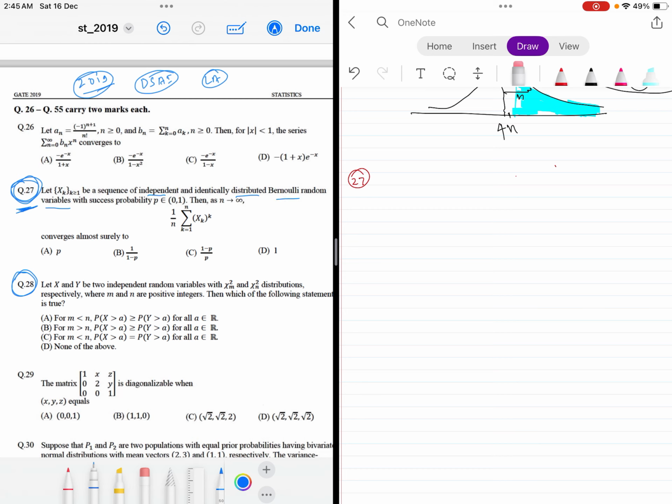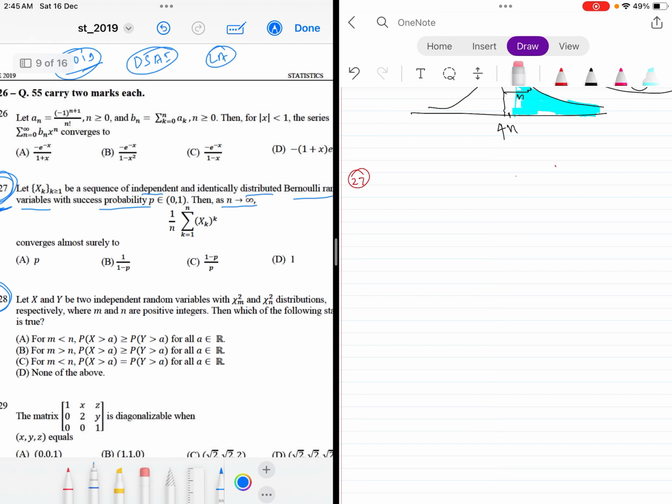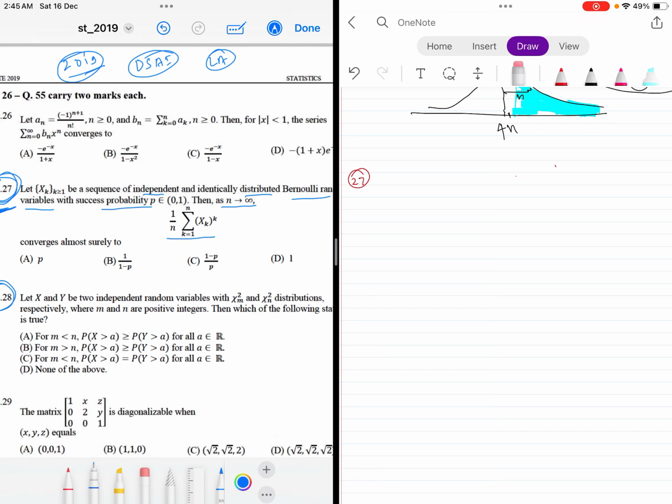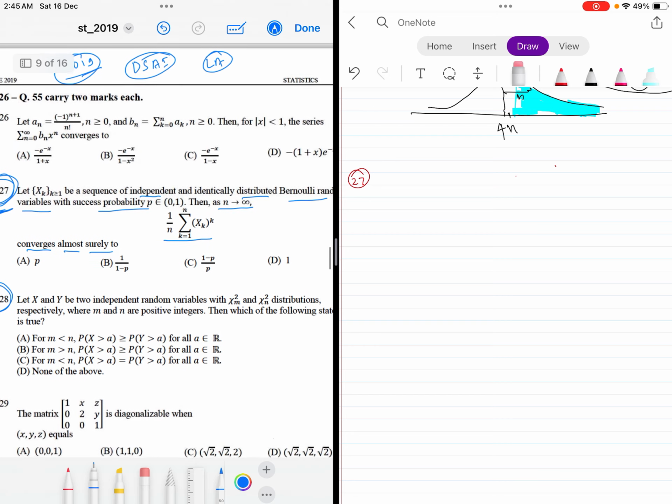It can take either 0 or 1, with the success probability p, where p belongs to 0 to 1. Then as n tends to infinity, this expression converges almost surely to what?